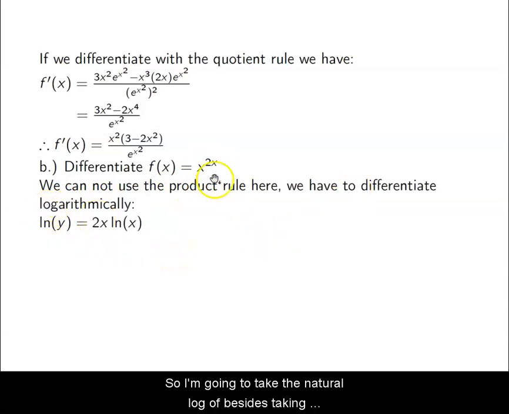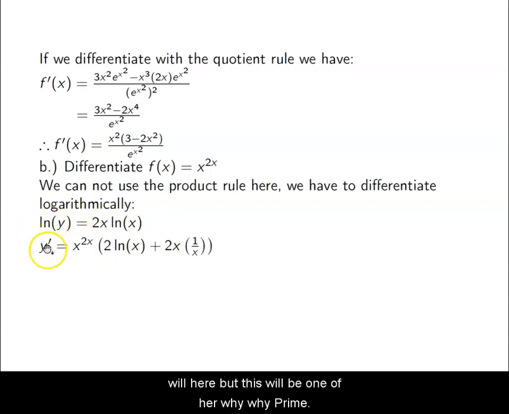So I'm going to take the natural log of both sides. Taking the natural log here, the power rule allows me to bring the 2x down. Now I take the actual derivative. So I will have to use the product rule here, but this will be 1 over y times y prime.